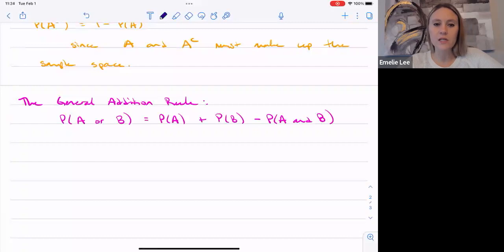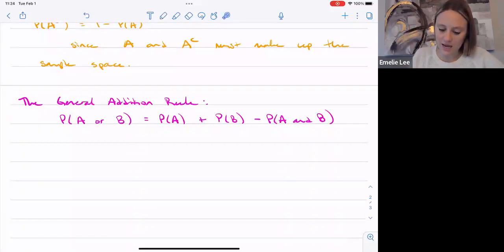The easiest way to think about this, and we used a deck of cards, right? Because a card can be a face card, but it can also be a diamond, right? And so I think we used face card and diamond in that example, right? And so there's that overlap there.